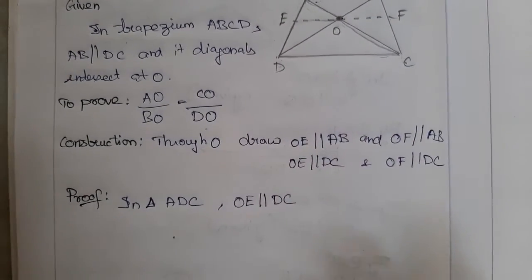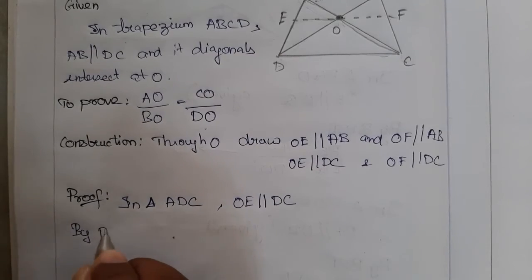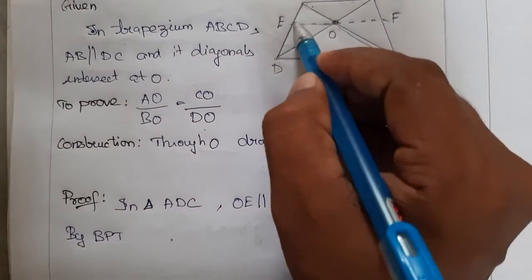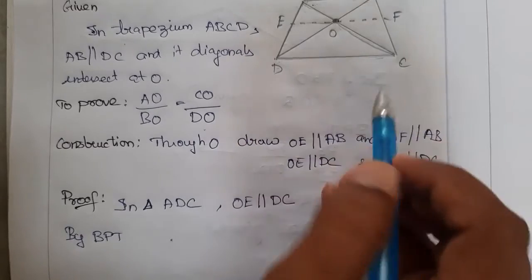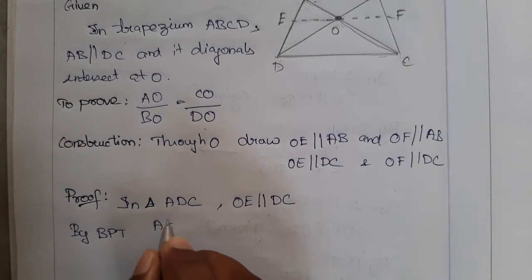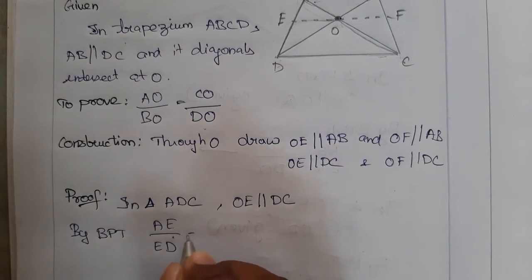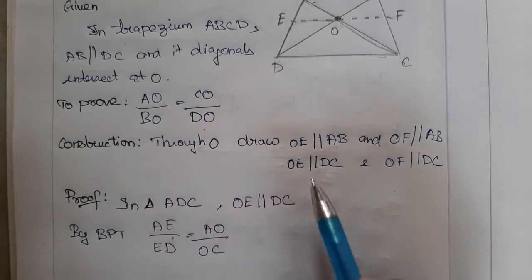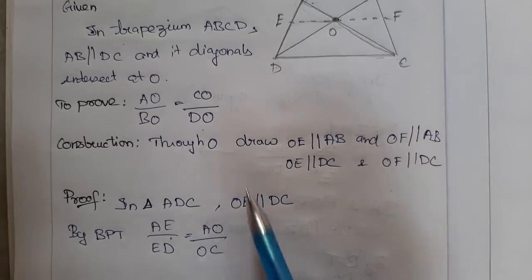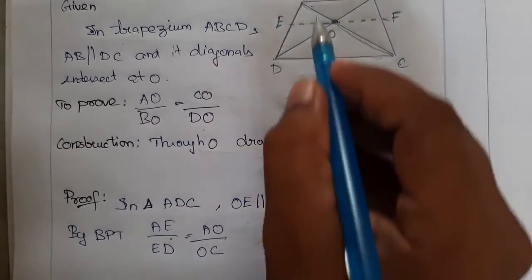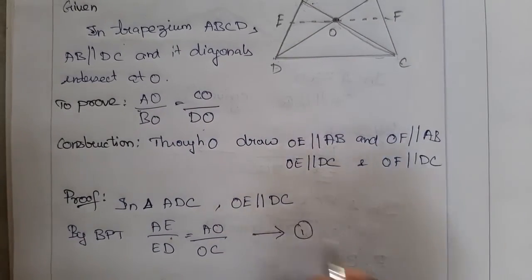So then by BPT we can say that AE by ED is equal to AO by OC. So now we got one side of the thing, right? AO and OC we got. So let me keep it as equation 1.